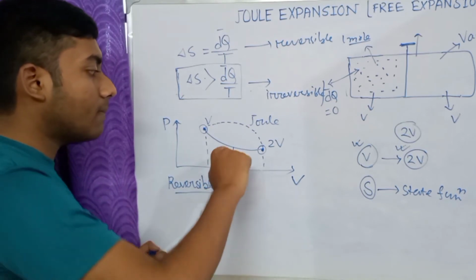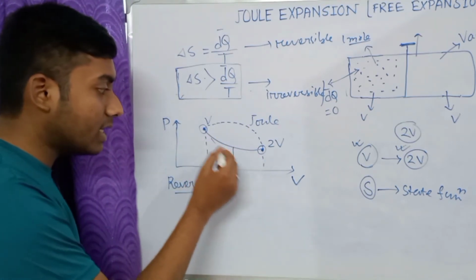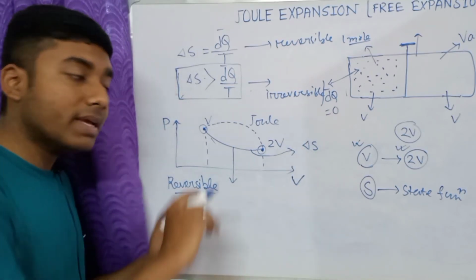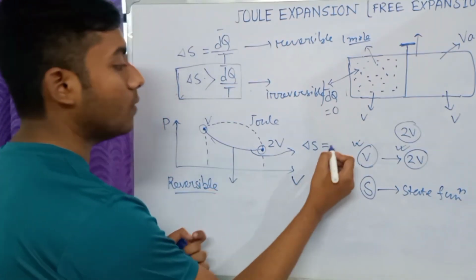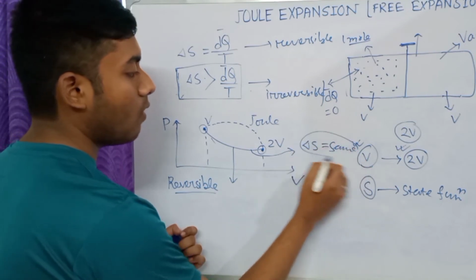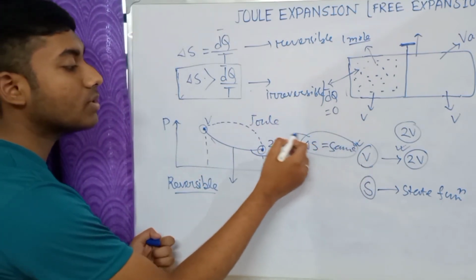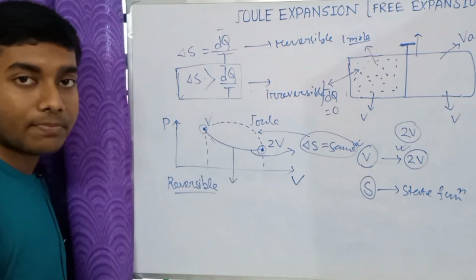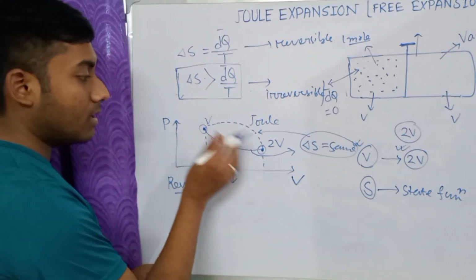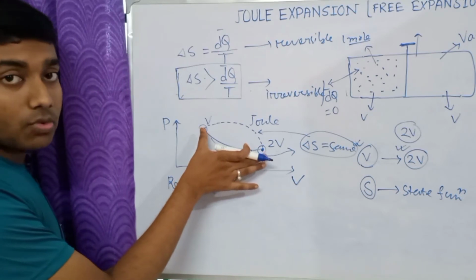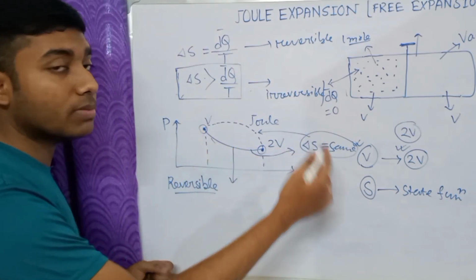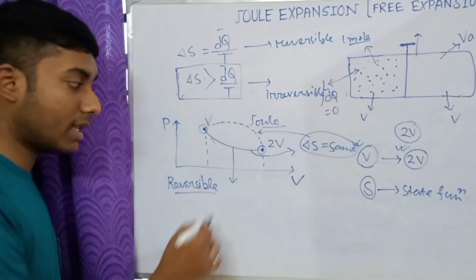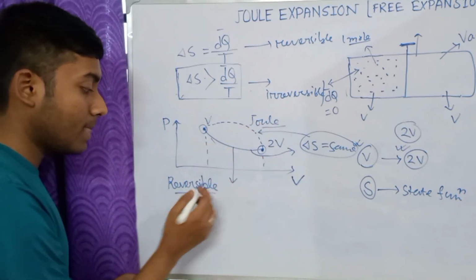So the del S for this process will be the same as for the Joule expansion, because the two endpoints are the same.